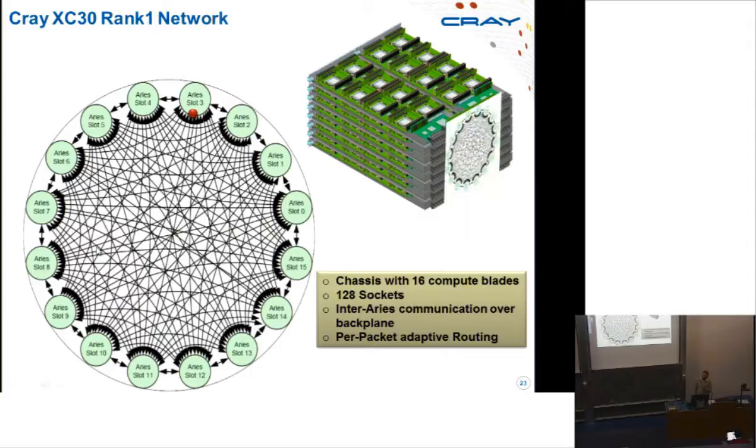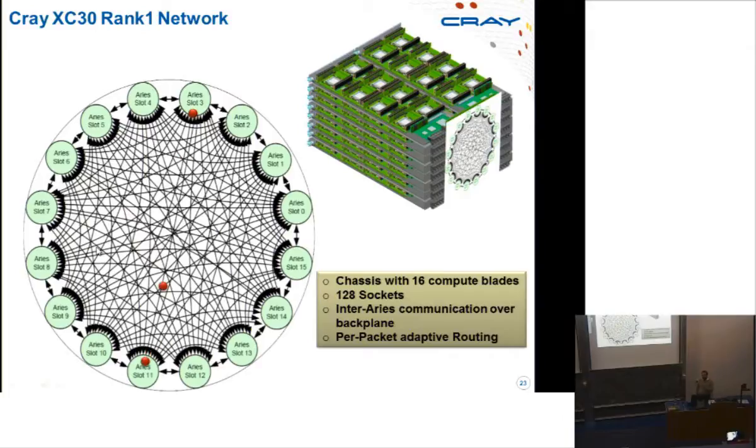So imagine how this would be mapped onto the back of this chassis. In the first instance, the first packet of data would be sent over that direct link. However, eventually we might start saturating that link to the point where it is full. So what we can do is choose any intermediary Aries in the network and start to route data through that one.